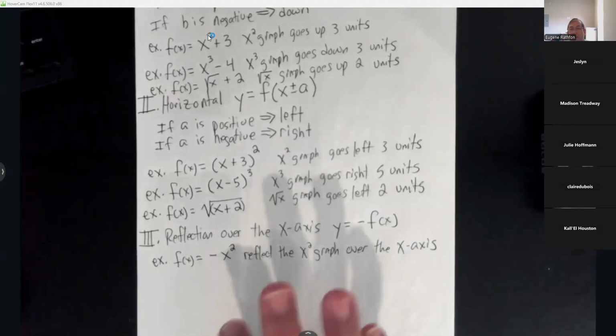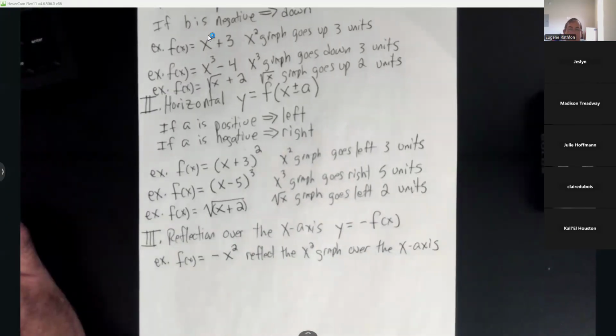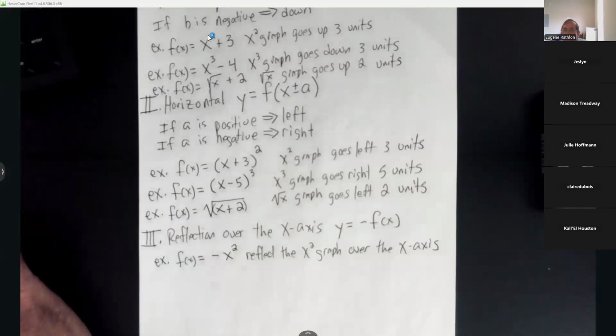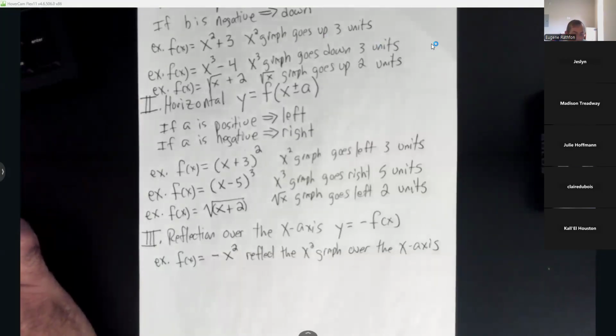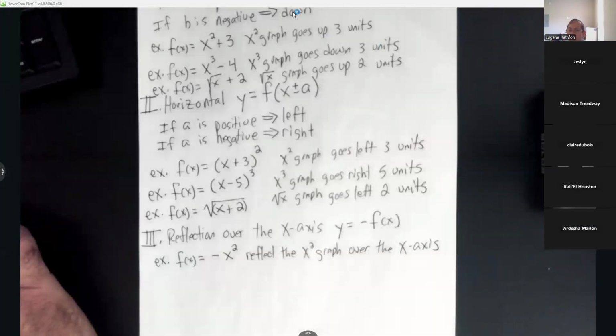All right, so let me show you how you're going to graph these in MyMathLab because they're sort of tricky moving them around a little bit. But once we go through these, you are going to see that they're not that bad actually, okay? So let me go to the 7-2 homework.